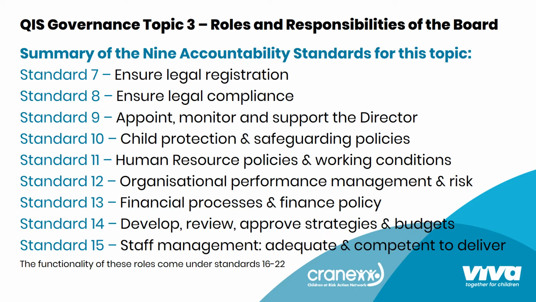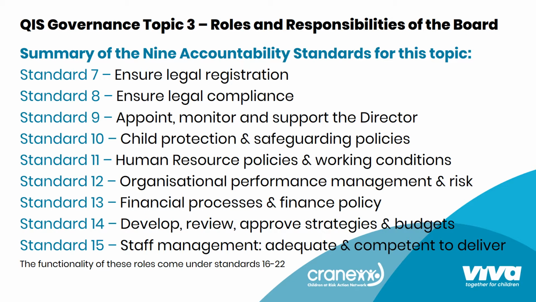And if you want the higher level award of QIS, then you have to be able to show evidence against every standard. Here's a summary of them, and then we'll look at them just very briefly in a little bit more detail, but so that we can see them on a page. 9 different standards for the roles and responsibilities of a board.